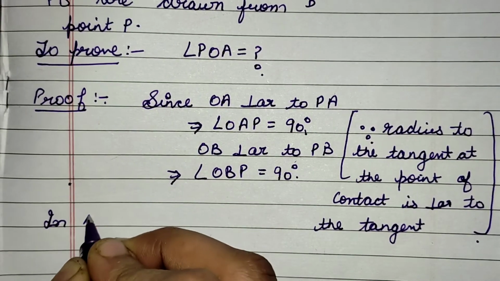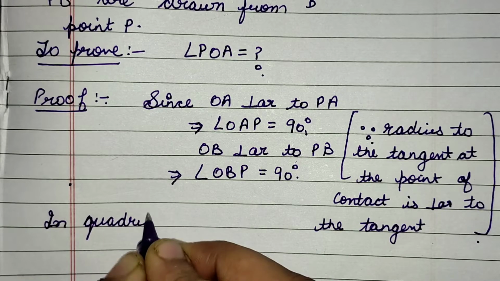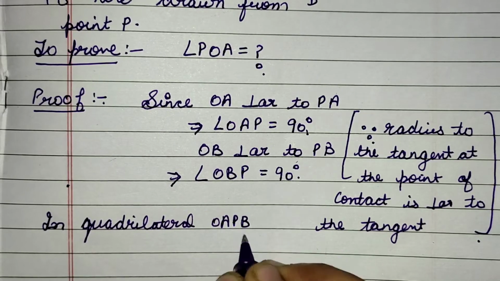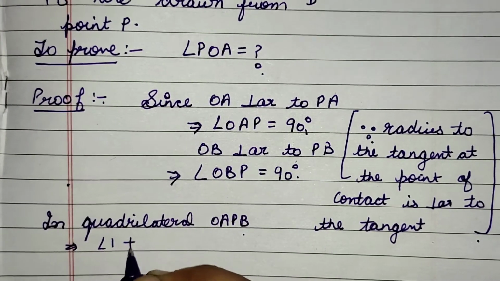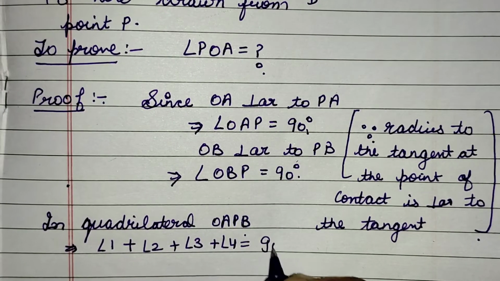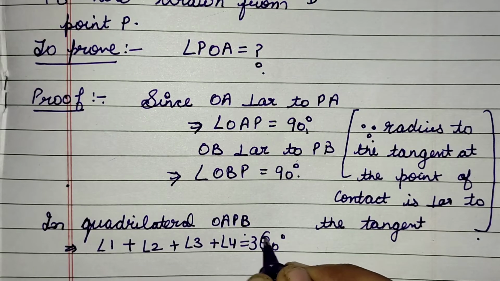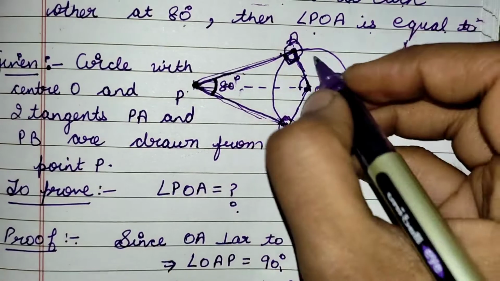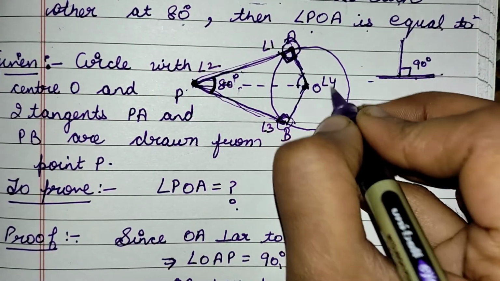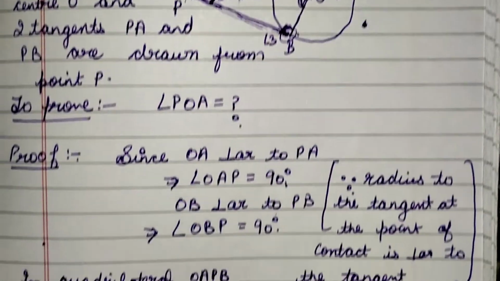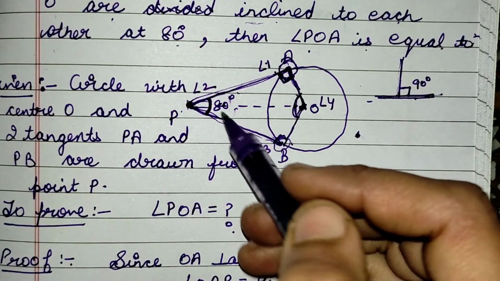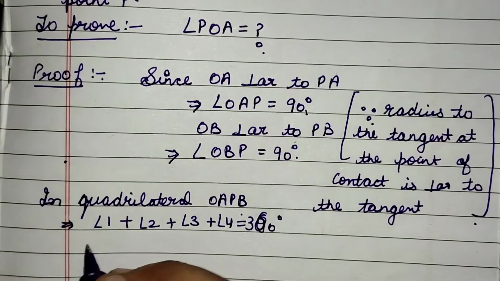So you can write down, in quadrilateral OAPB, the sum of all four angles, angle 1 plus angle 2 plus angle 3 plus angle 4, is equal to 360 degrees, right? Suppose this is my angle 1, this is my angle 2, this is angle 3, and this complete angle is my angle 4. You know that angle 1 and angle 3 are 90, and angle 2 is 80 degrees.